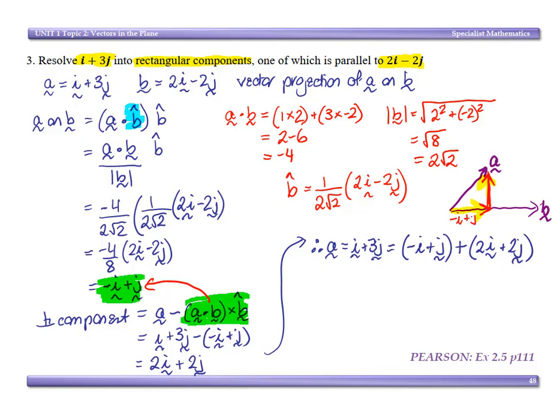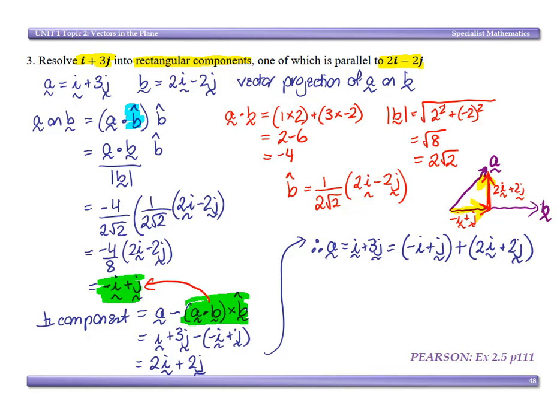This is negative i plus j, and this here is 2i plus 2j. Now there was a second part of the question. It said one of which is parallel to 2i minus 2j.